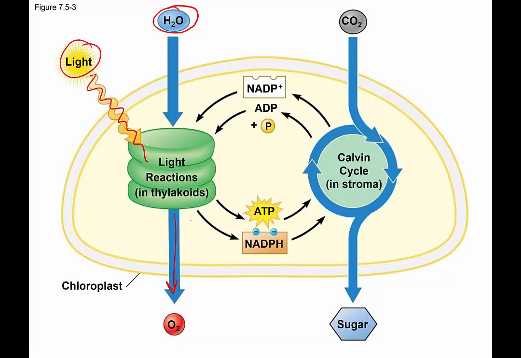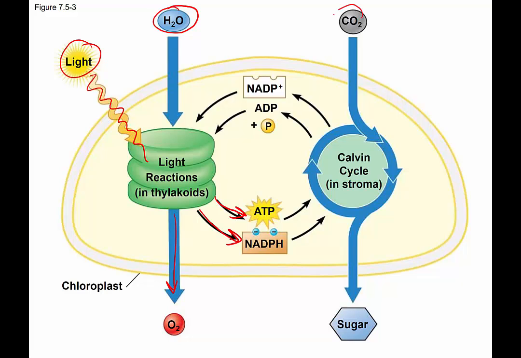In addition to producing oxygen, we also have ATP made. Just remember there is that ATP synthase in the thylakoid membrane making ATP. And we have NADPH. So those electrons that the chlorophyll gave away get donated to NAD+, and that gets turned into NADPH. Those NADPH then get used in the Kelvin cycle.